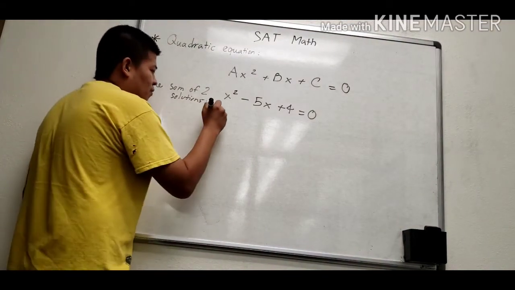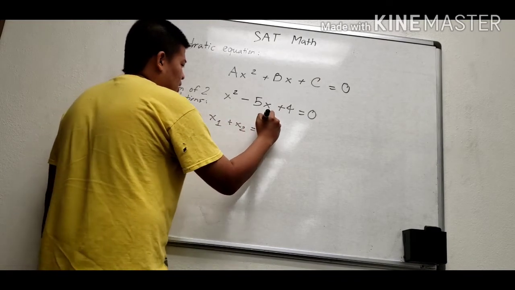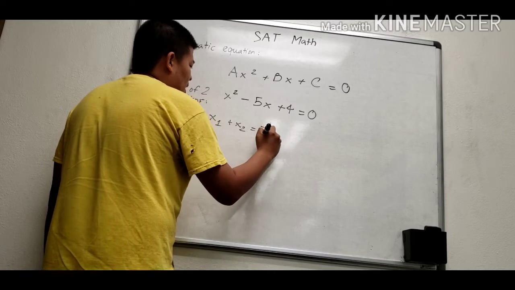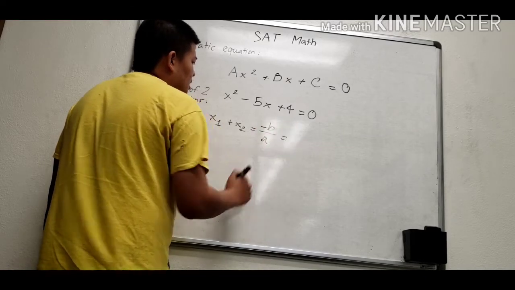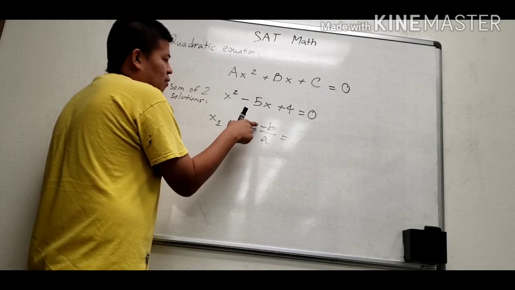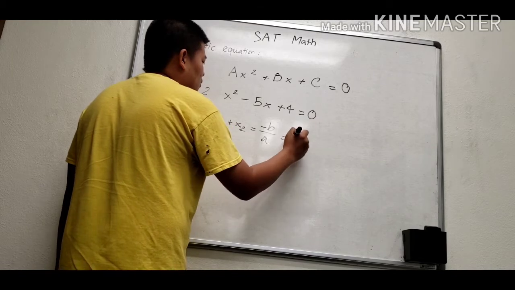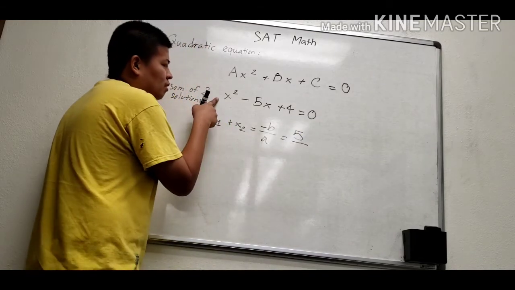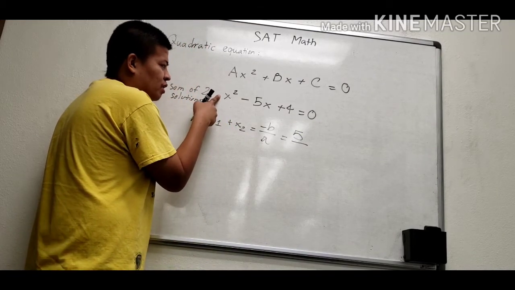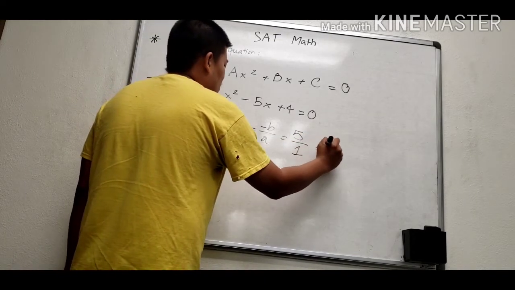We have x1 plus x2 equal to minus b divided by a. Here b is minus 5, but we have the minus, so it becomes the positive number. The coefficient is the number 1, so we have a equal to 1. So we get 5.